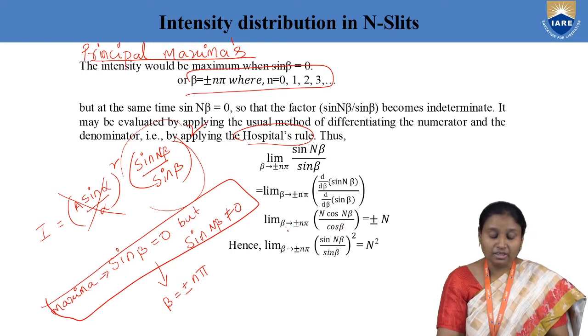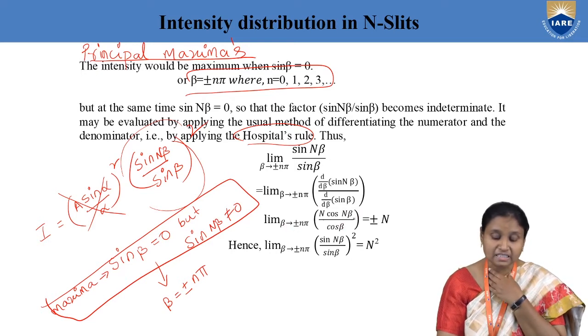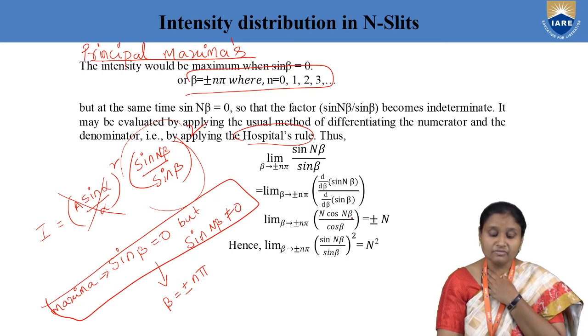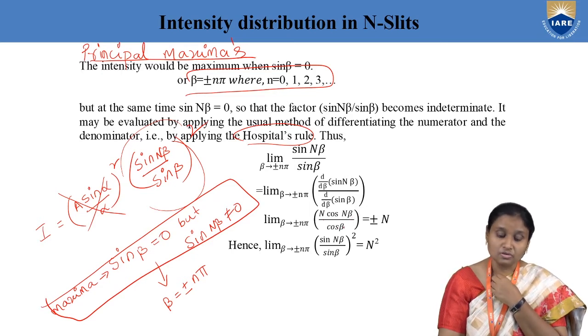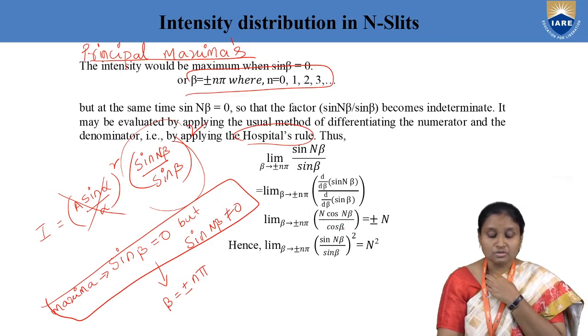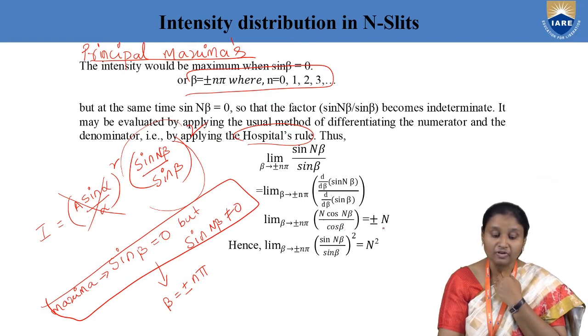If I substitute β equal to plus or minus nπ, this gives 1, and cos β also gives 1, because cos 0 is 1. So you end up having maximum value n, and the square of it, intensity, will be n square.